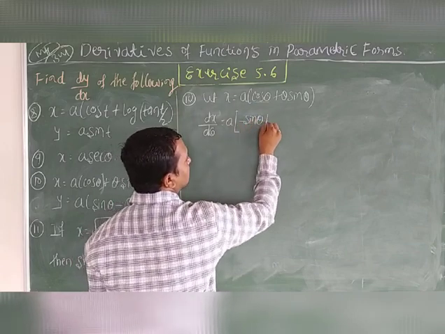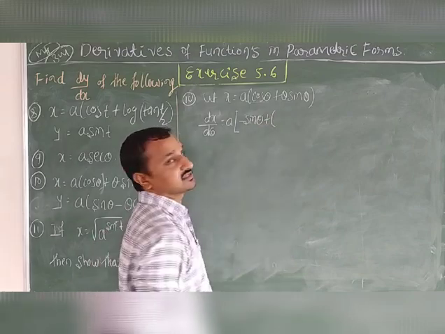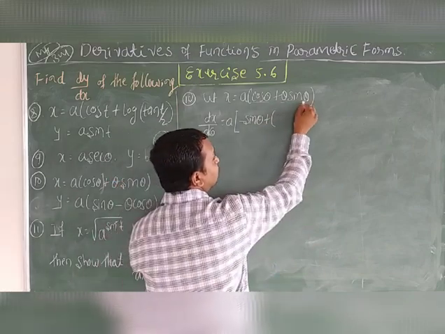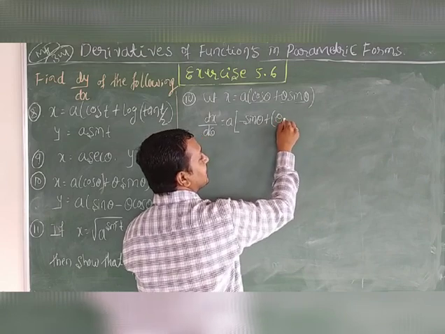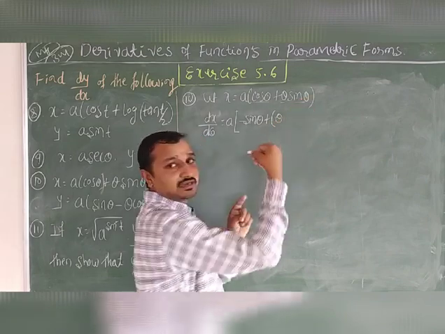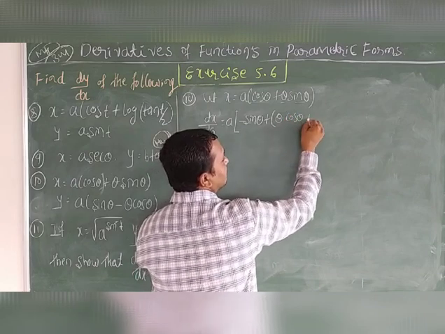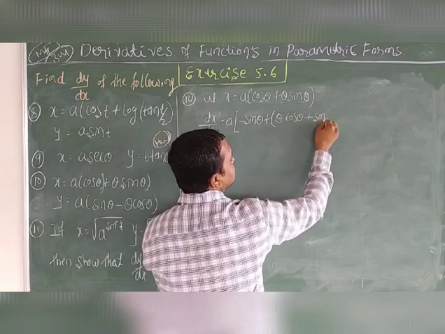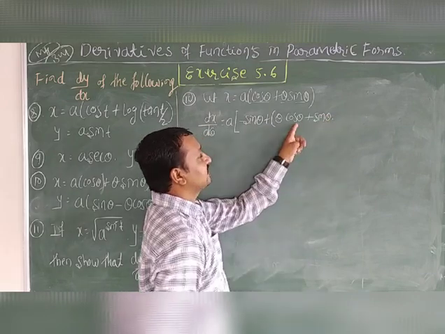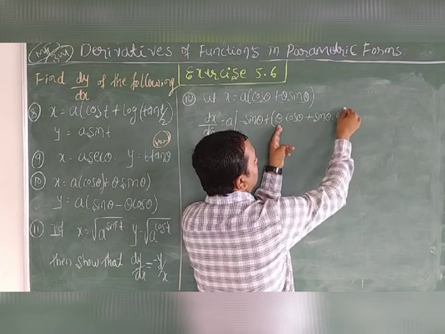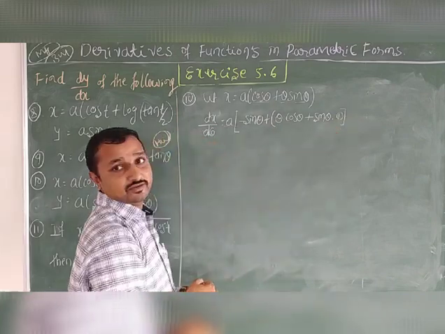This is a multiplication term, so that's why we use a bracket. So this is the first function, second function. First function theta keep as it is, derivative of the second function, the derivative of sin theta is cos theta, plus second function sin theta as it is. The derivative of the first function theta is 1. Is that clear?